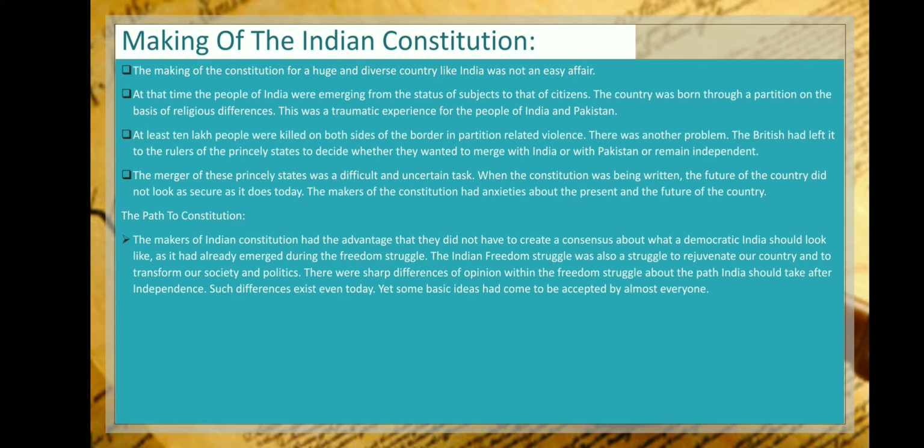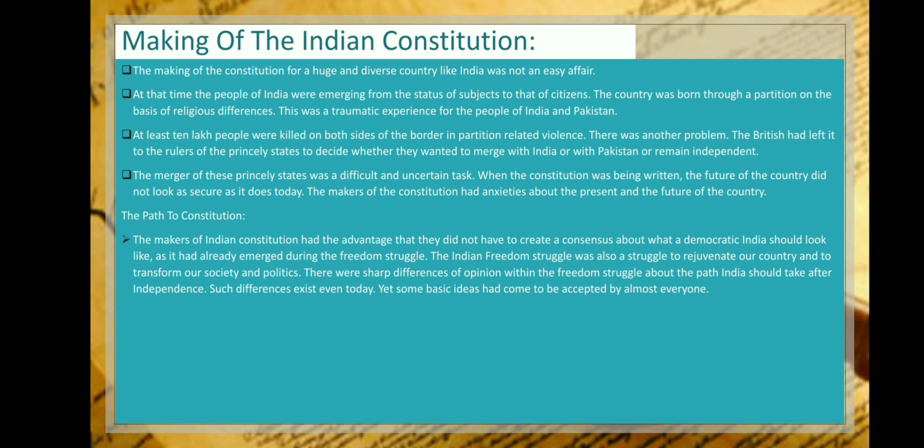At least 10 lakh people were killed on both sides of the border in partition related violence. There was another problem. The British had left it to the rulers of the princely states to decide whether they wanted to merge with India or with Pakistan or remain independent.